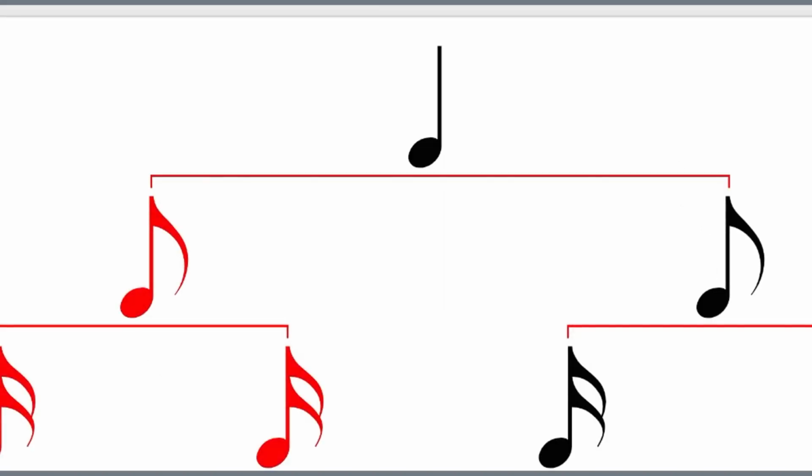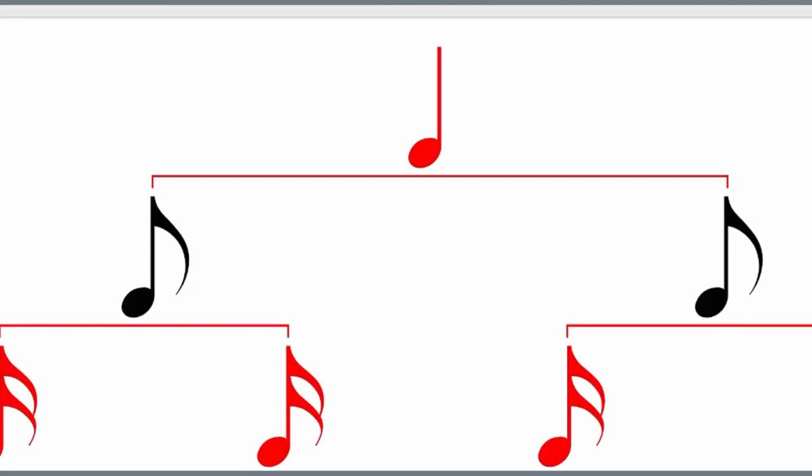Now, 16th notes have two flags, the same process, halving the value again. So two 16th notes equal the duration of an eighth note. Four 16th notes occupy the same time as one quarter note.